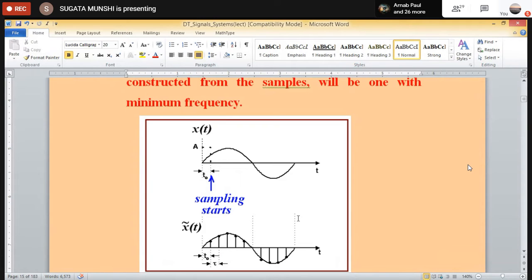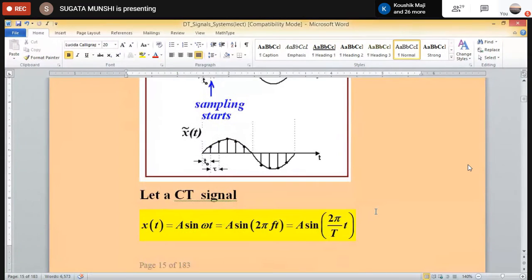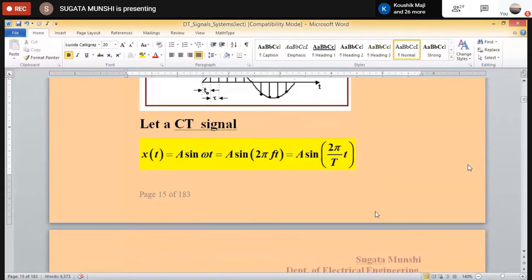Then the question comes that how should you decide what's the minimum frequency at which we should sample? That particular information I am trying to retrieve from the discussions. Frequency of the sinusoid is f hertz or omega radians per second.